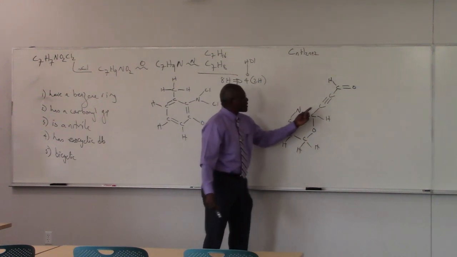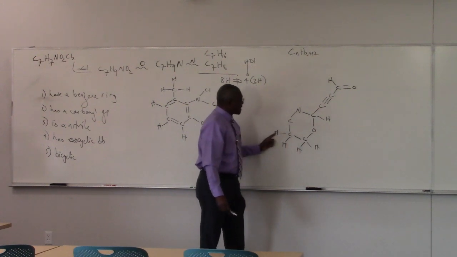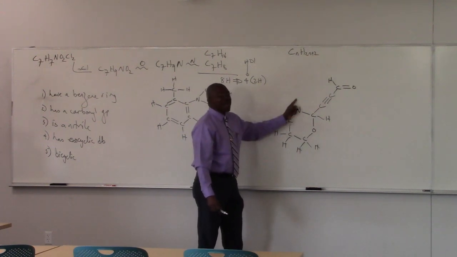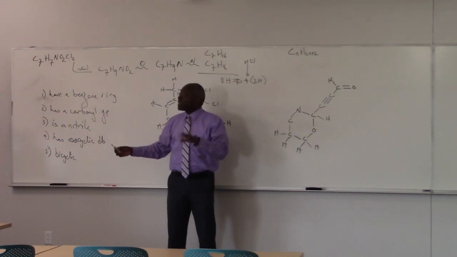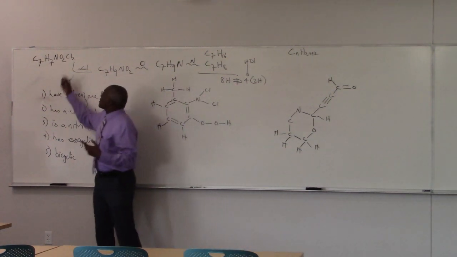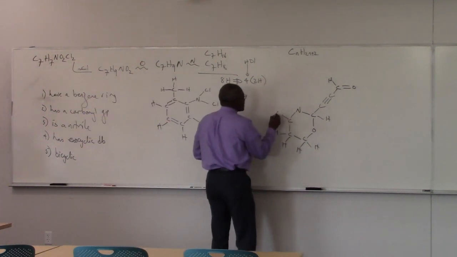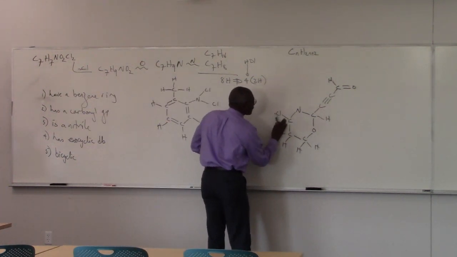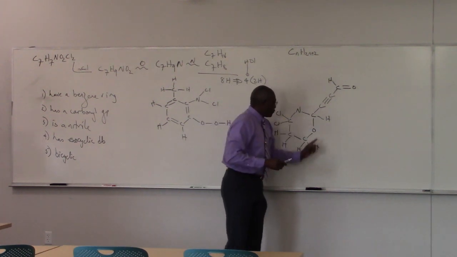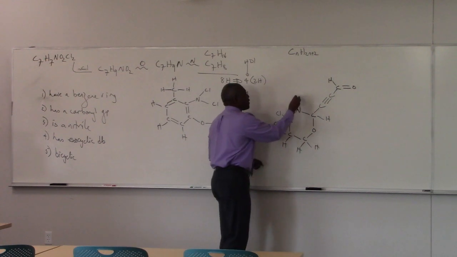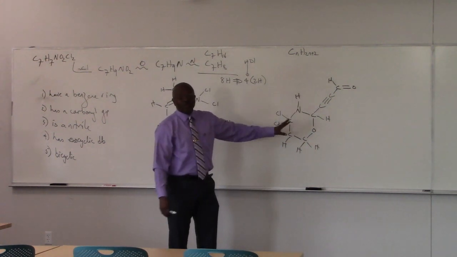So you see, I was about to end up with 1, 2, 3, 4, 5, 6, 7, 8, and 9 H's. But I don't have 9. I only have 7. So I knew something was funny. It tells me I did something weird. I forgot the Cl's. So I'm going to go ahead and put the 2 Cl's here. And then I'm back to 1, 2, 3, 4, 5, 6, and 7. That would work. I could have done any number of things with this structure.